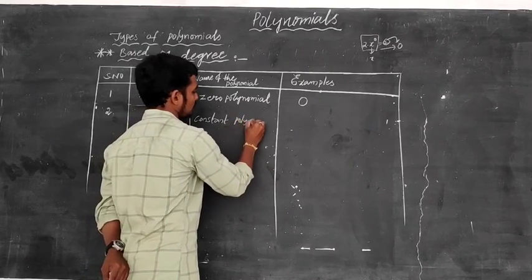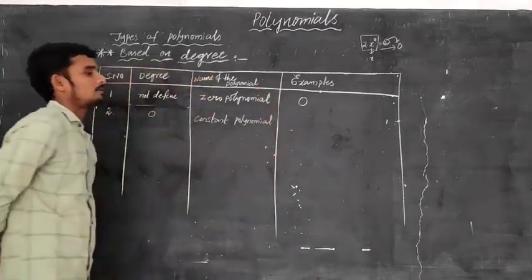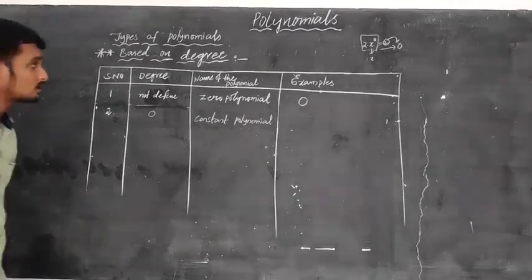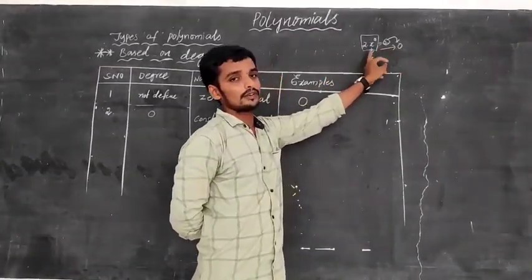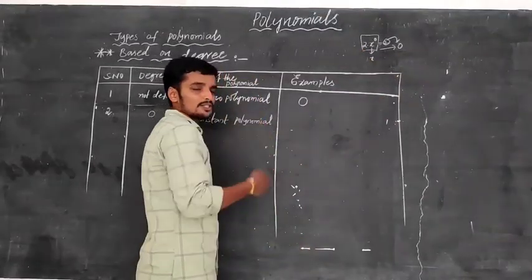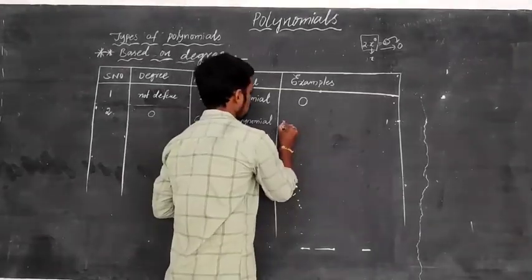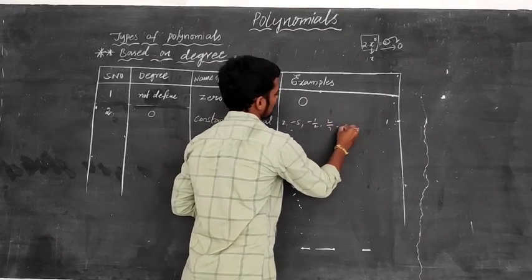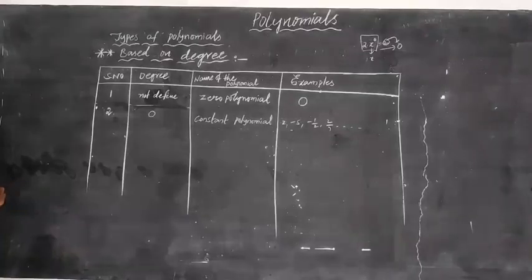That's why I told you the degree of a constant number is 0. You can write numbers, either positive, negative, fraction, or decimal, whatever you get. For example, 2, minus 5, minus 1 by 2, 2 by 7, and so on. These are the constant polynomials.